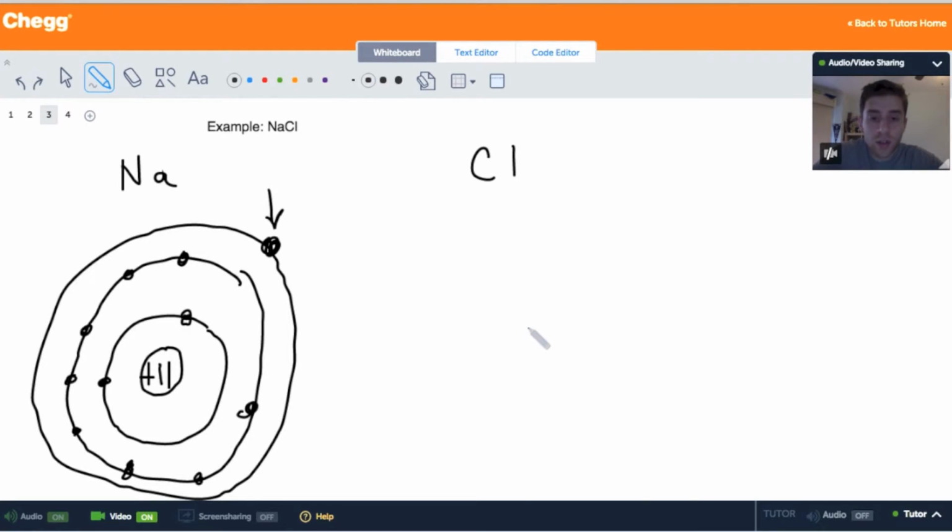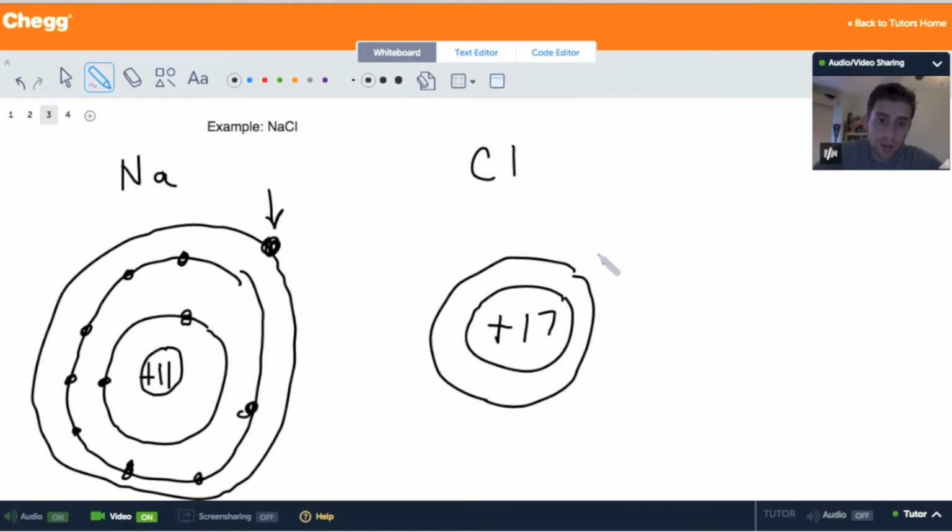So let's now look at chloride. So chloride has 17 electrons, so it also has 17 protons. Not considering neutrons here, because they are a neutral charge. The nucleus is plus 17 due to the 17 protons. Now let's draw its electron shells.